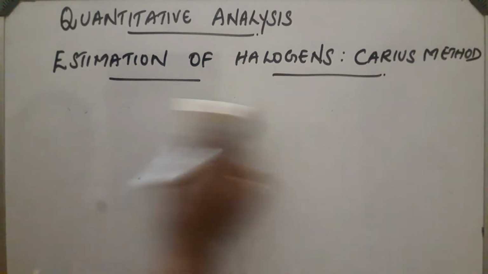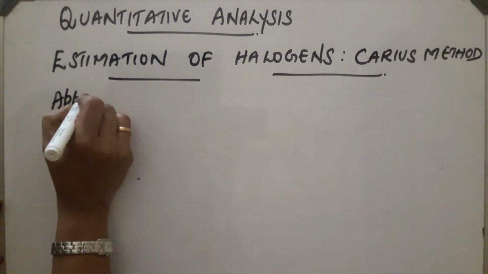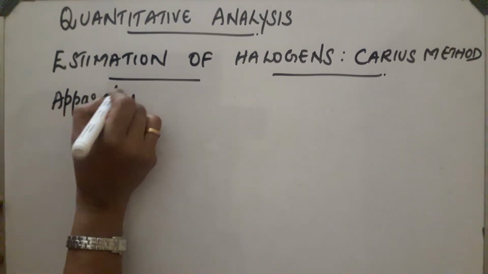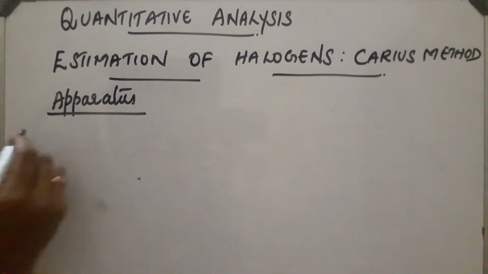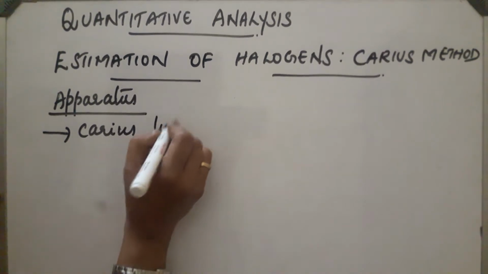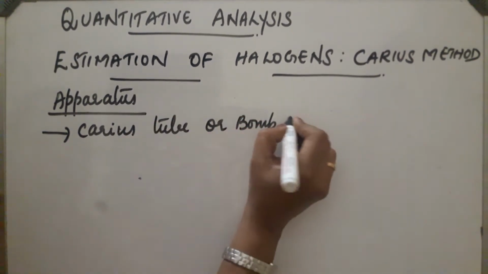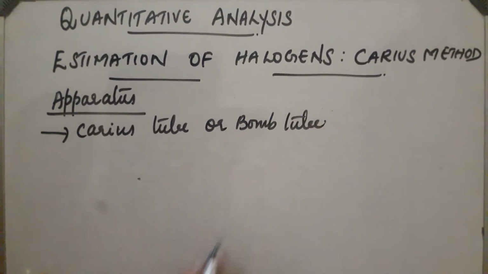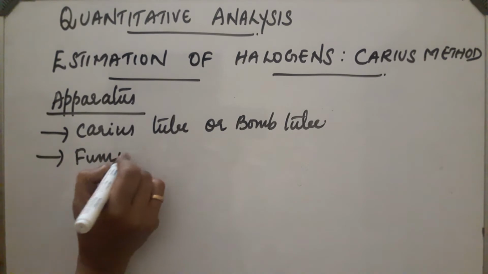Now, let us explain the apparatus. The apparatus consists of a hard glass tube called Carius tube or bomb tube, in which we are taking fuming nitric acid and silver nitrate.